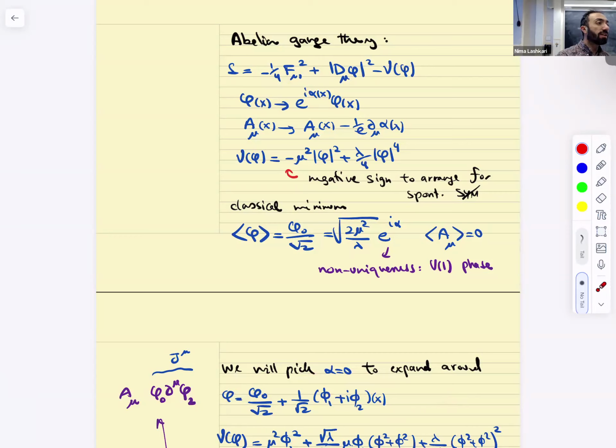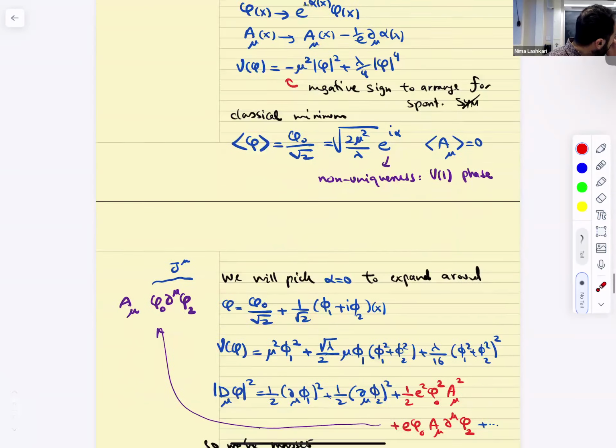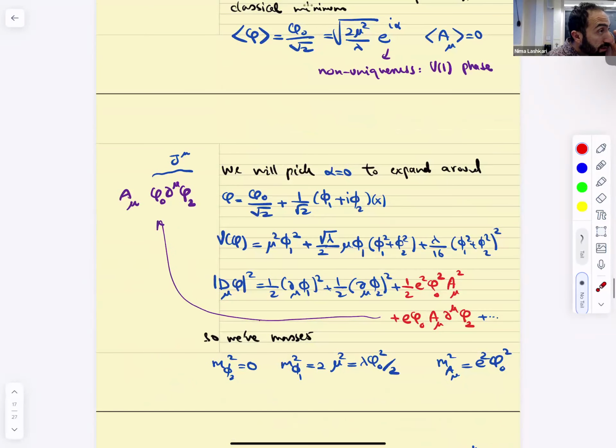Same expression, phi naught just drops out. So phi 1 and phi 2 transform under the gauge transformation. How are you breaking phi into phi 1 and phi 2? Phi is a complex field. I'm expanding it around its vacuum expectation value. This is a fluctuating field that I just decided is a complex fluctuating field, so I'm going to write it as phi 1 plus i phi 2.